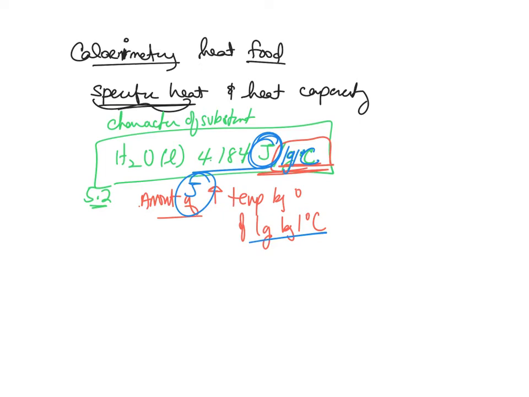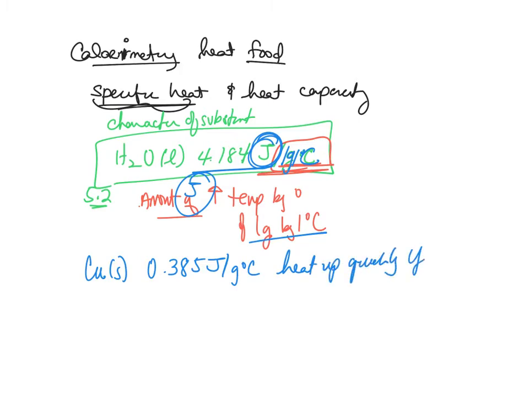Let's look at low numbers. Do you see what's the lowest number on there? Well, one of the lowest numbers is copper. Now, do you know anything about copper wire? What about copper on the bottom of a pan? Does it heat up quickly compared to the water? Yes, okay.